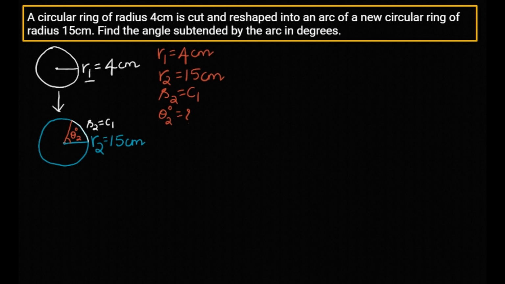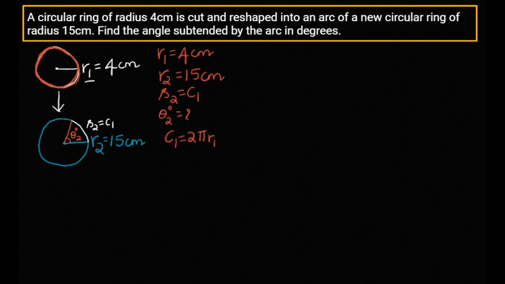First we have to find out the circumference of this first circular ring, which will give us the length of the arc in the second circular ring. So the formula to find the circumference of a circle is 2 pi r, which is equal to 2 pi r1 in this case.